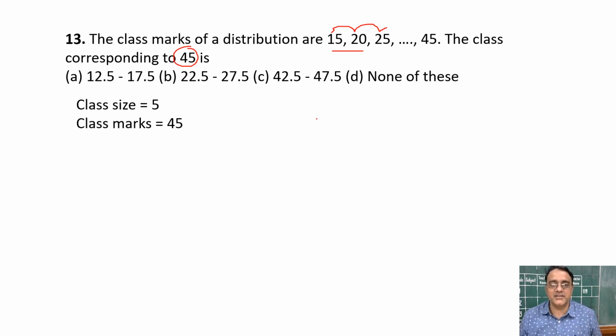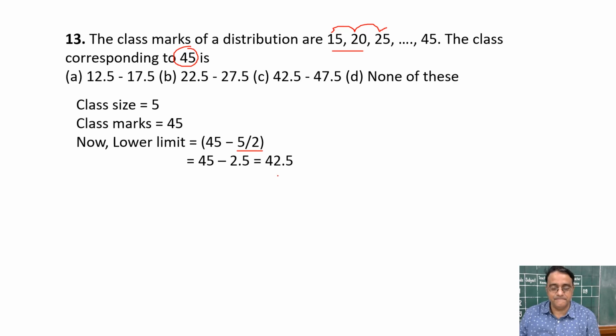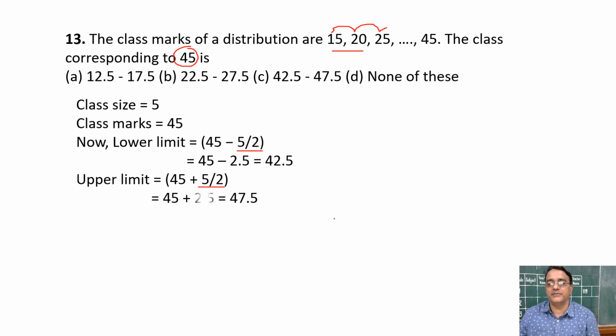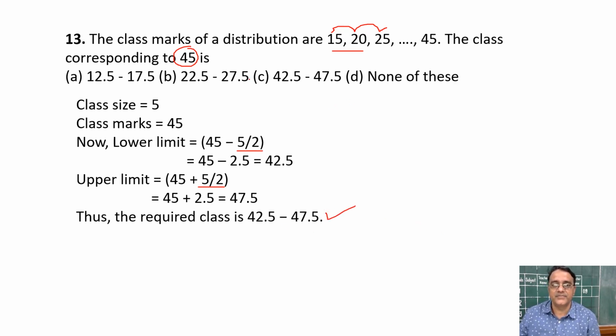So lower limit is equals to 45 minus 5/2. 5/2 2.5 होता है. So 45 minus 2.5 is 42.5. Now for upper limit we have to add. So 45 plus 2.5 is 47.5, and the required class is 42.5 to 47.5. So the correct option is Option C. Option C, right? So now we are moving toward the next question.